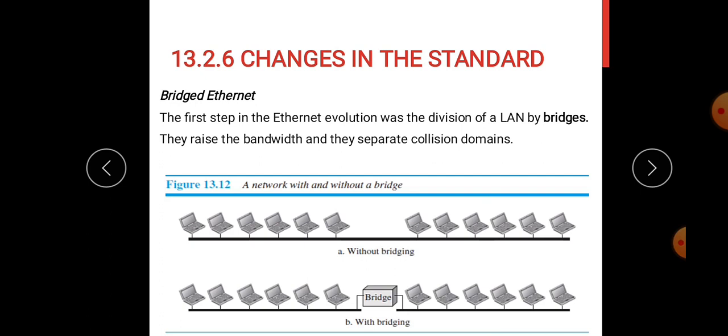In a network with a heavy load, each station theoretically is offered 10/7 Mbps instead of 10/12 Mbps. It is 10/7 because in each network we are considering 6 stations, but actually it is 7, because the bridge also acts as a station in each of the segments. So the capacity is 10/7.